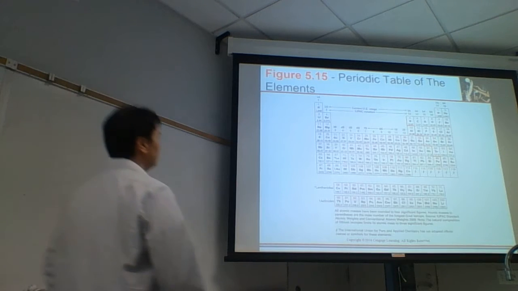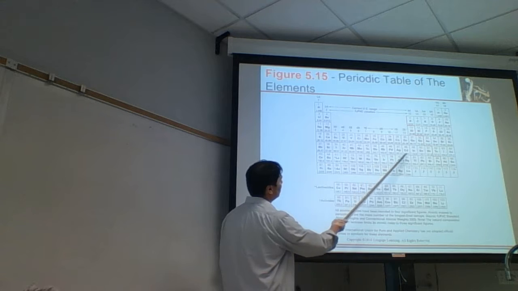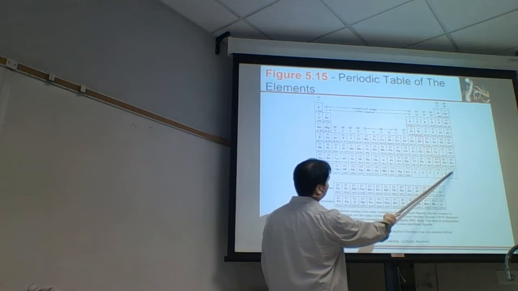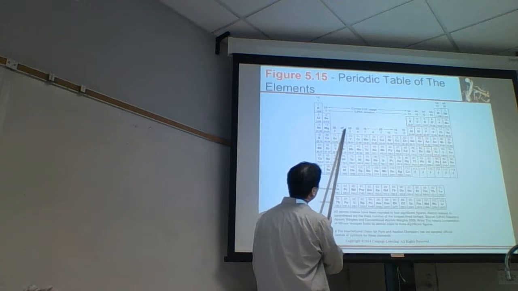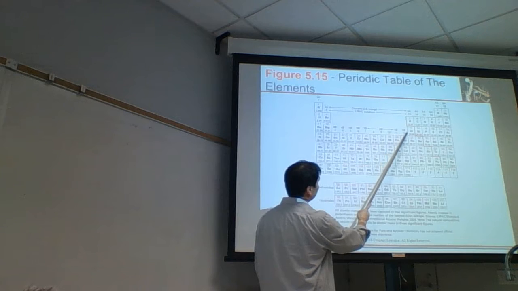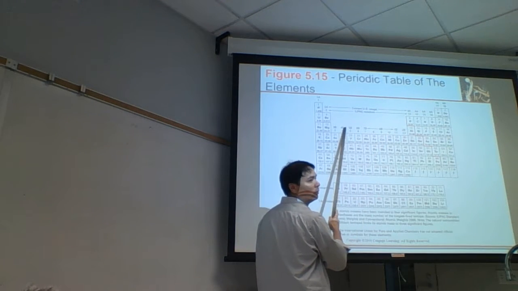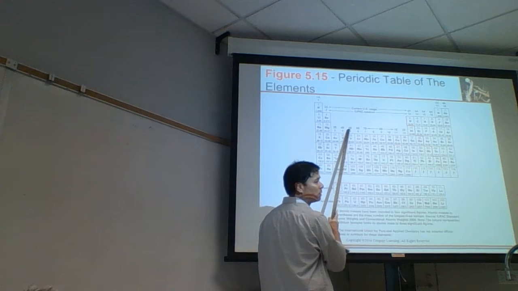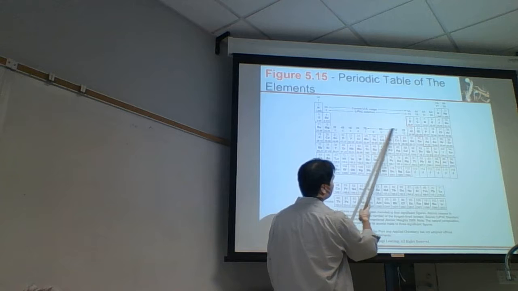And so we have the numbers here, 1, 2, 3, 4, 5, etc., all the way up to 18 over here. And then we have another code, 1A, 2A, 3B, 4B, 5B. We have the 8Bs, the 1B, 2B. These are based on certain chemical characteristics or chemical properties of these elements. And that's why we have this alternate numbering system here.